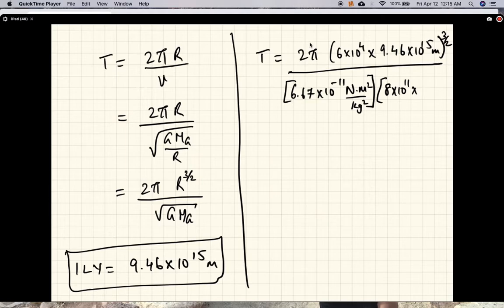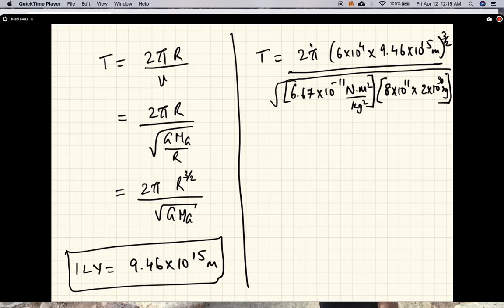So that's 800 billion suns, and each has a mass of 2 times 10 to the 30 kgs. And this whole thing to the power half, the square root of that.